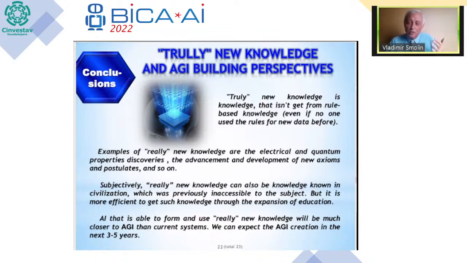It's knowledge that we can get from raw observation, for example electrical and quantum properties discoveries and so on. This mapping and decomposition idea, from our point of view, is the way to solve this problem, and development of these ideas can hopefully bring us much closer to realizing artificial general intelligence. Thank you for your attention.